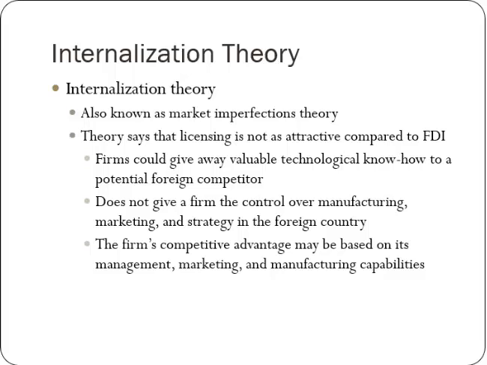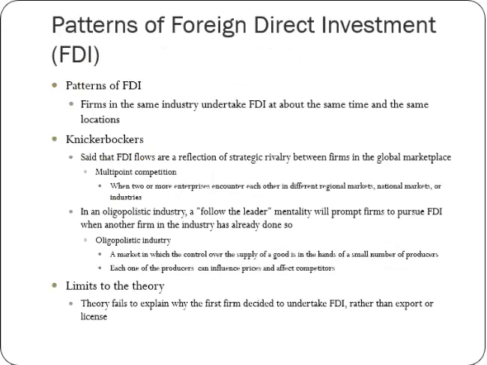If multiple firms in the same industry invest in other companies, you get a pattern of foreign direct investment, where you have different firms in the same industry do it at the same time in the same location. Let's say General Motors and Ford both open up plants in England at the same time to try to build and sell cars. And what you could have next is sometimes known as Knickerbocker's theory.